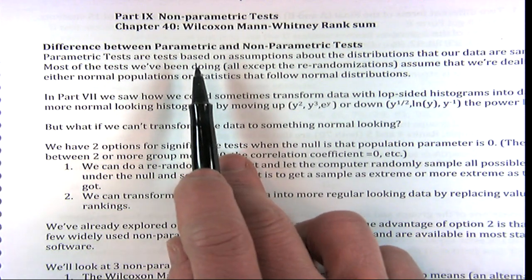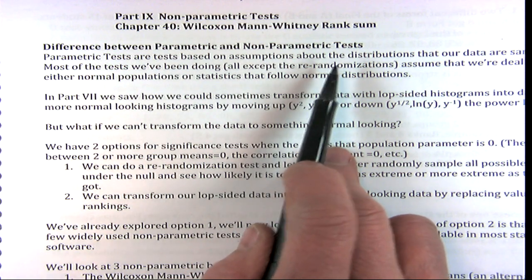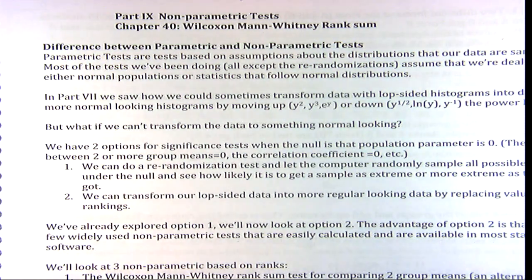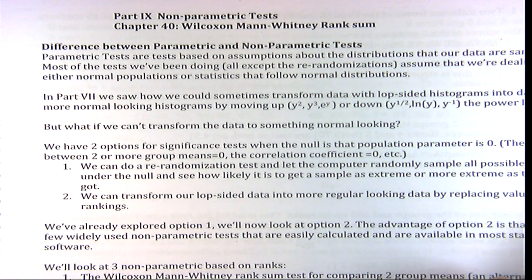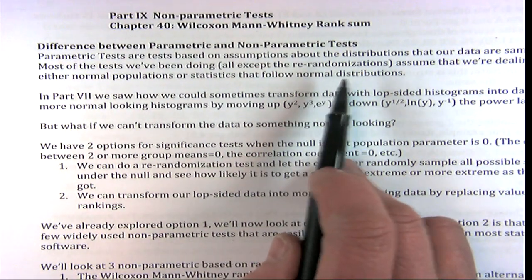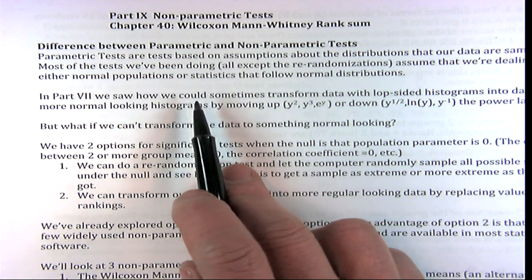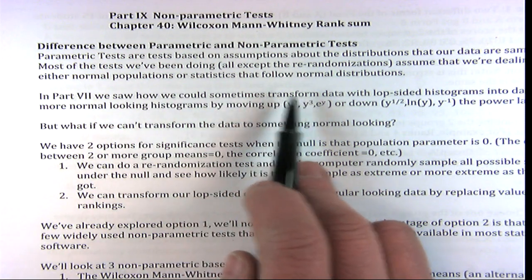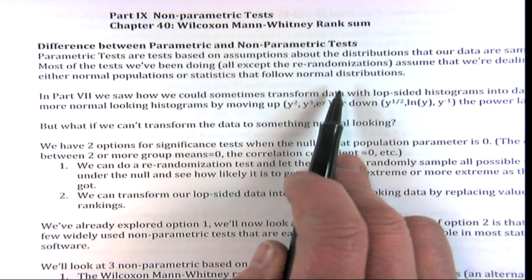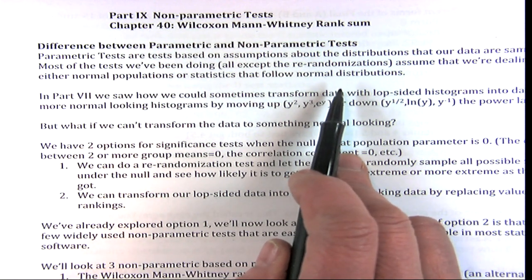With our parametric tests, we always assume some assumptions about the distributions that our data came from. And most of the tests we've done, except for the re-randomization, assume that we're dealing with either normal populations or statistics that follow normal populations. That's the underlying assumption for most of them.